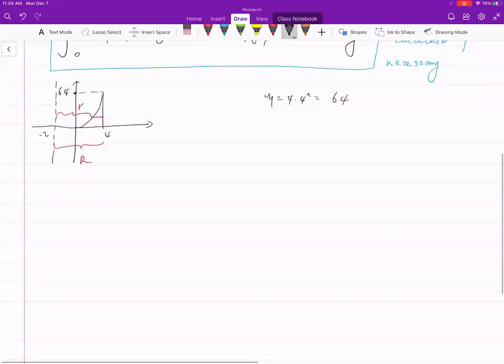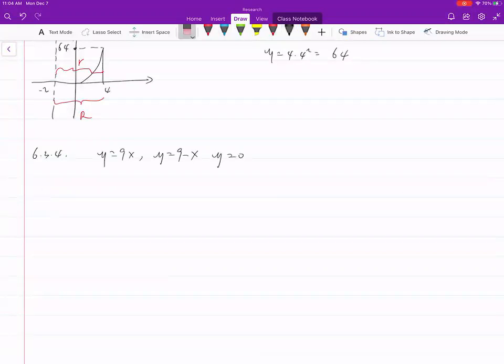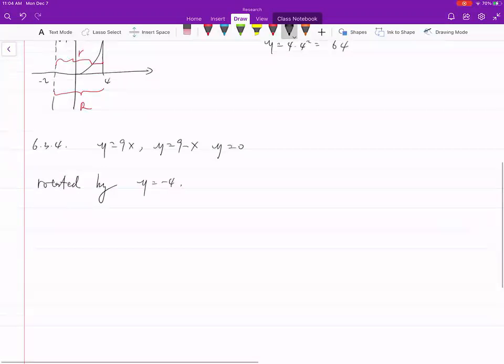Now 6.3, number 4. You have this region rotated by y equals -4. You want to use the shell method.